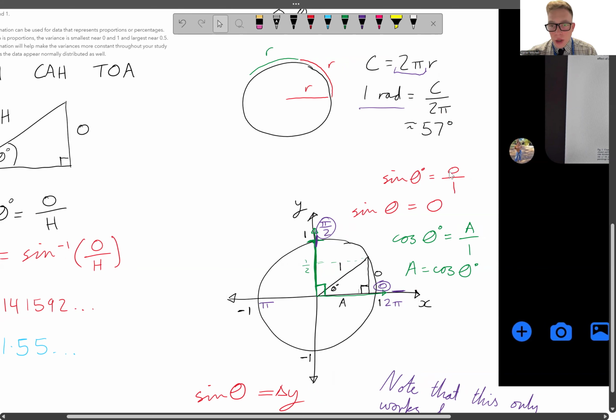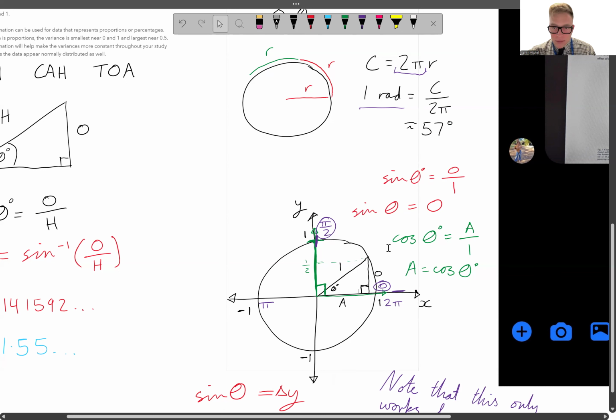So if we were solving for the opposite, it would just be 1 times sine of theta. So really, sine of theta is equal to the opposite. So if this is the opposite, this is like your change in y. You've gone from a y of 0 to here, which is your change in y. And if we map that across, it's probably about a half. If that was 30 degrees, it would be a half.